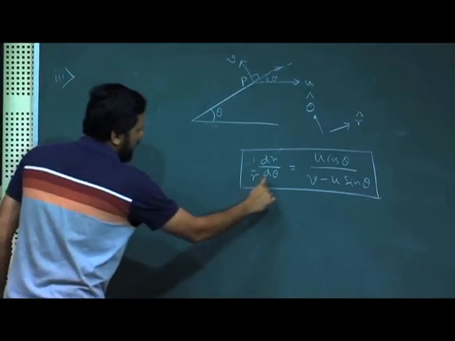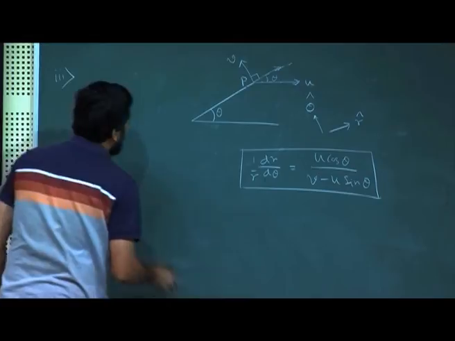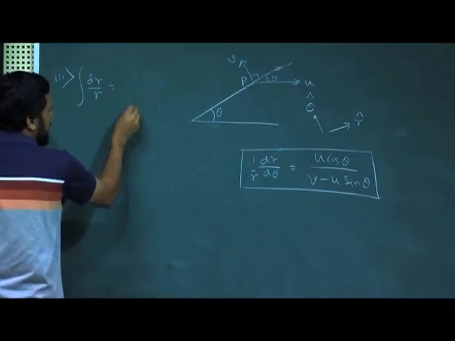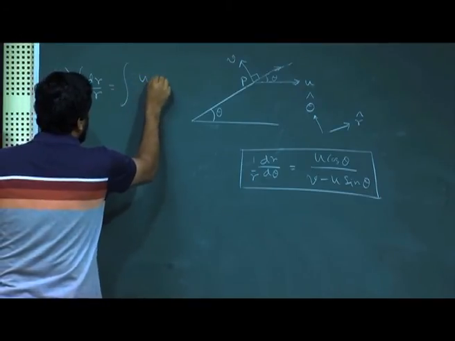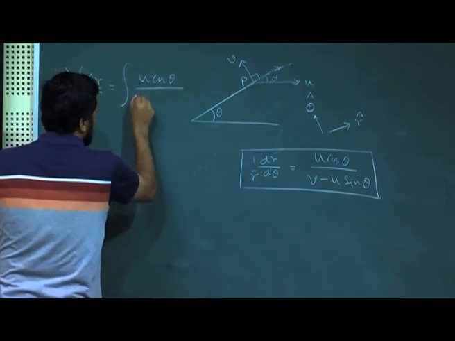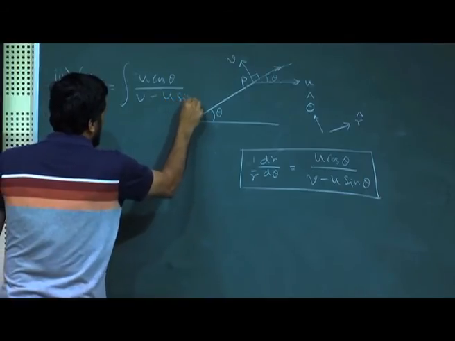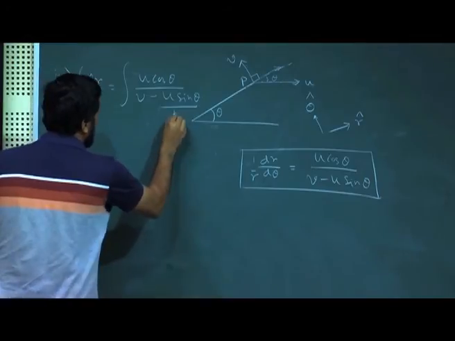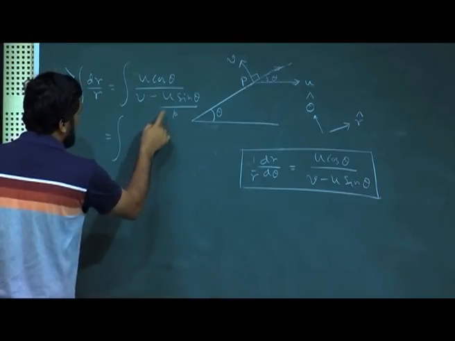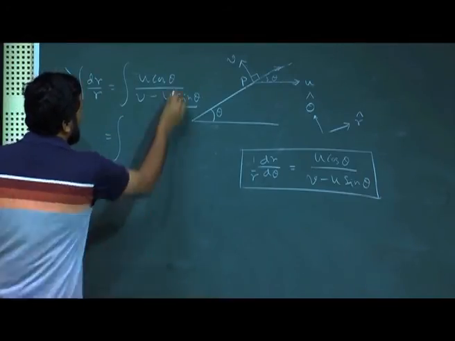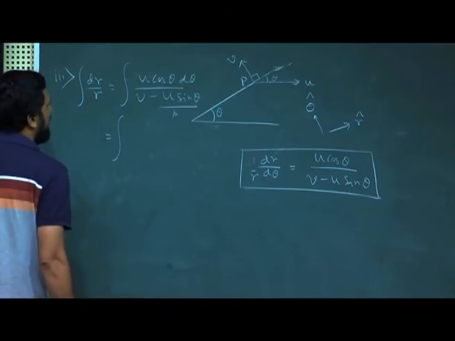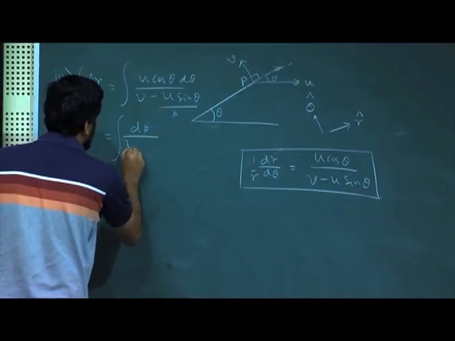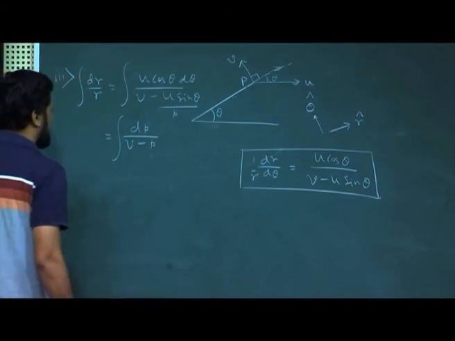So, see that all the theta dependence is on the right hand side. So, we can simply write dr by r is equal to the integration of u cos theta over v minus u sin theta. So, if you take u sin theta equal to some p, your right hand side becomes, there is a d theta here, so it will be dp by v minus p, right.